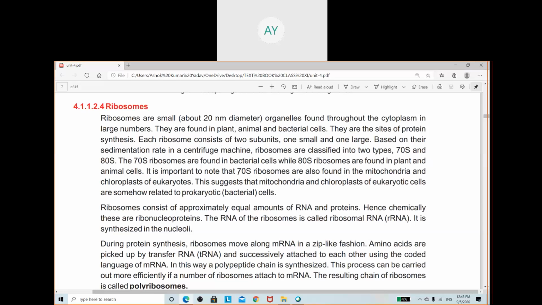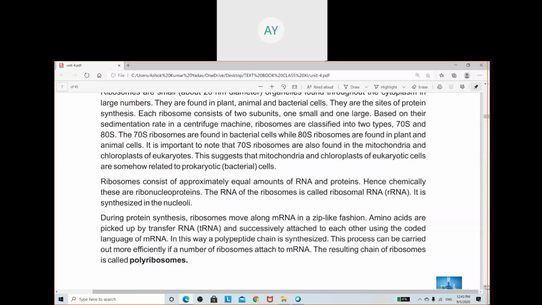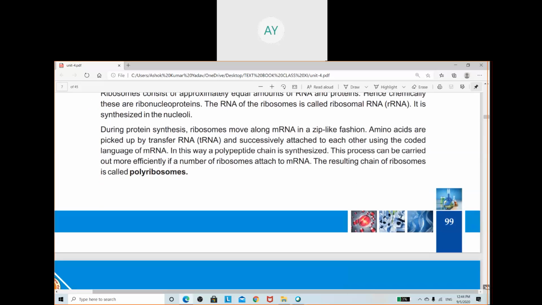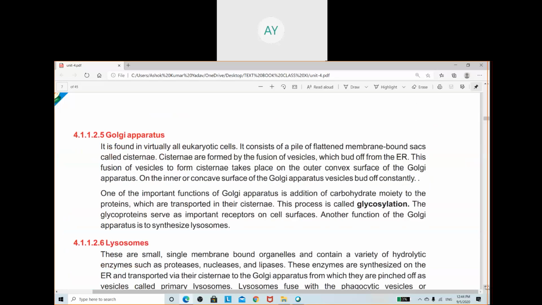Ribosomes are made up of ribosomal RNA and protein. In protein synthesis, all three RNAs play a vital role. Again, you will study protein synthesis in detail.